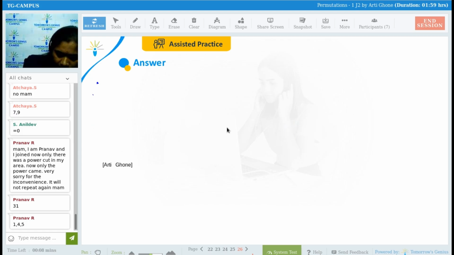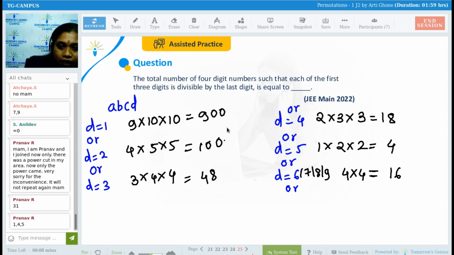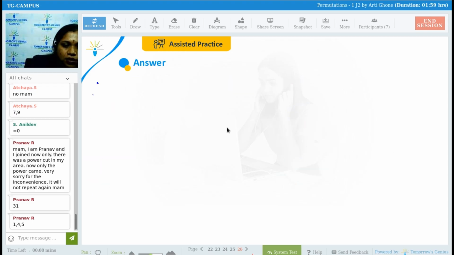What is the answer? Just add this 16 also. Why that 16? I'll explain. Just add this first: 900 plus 100 plus 48 plus 18. What is the total?